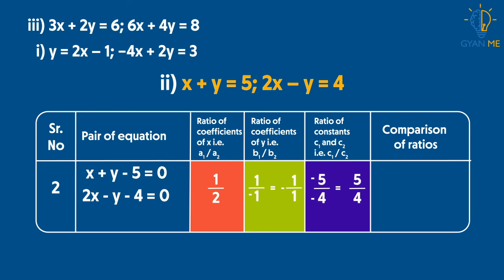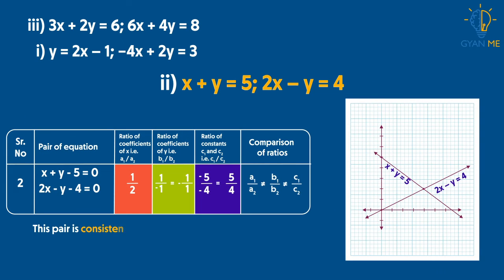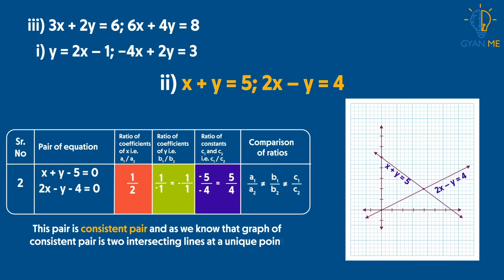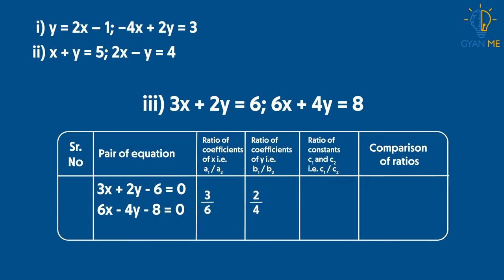Therefore, we find that a1 upon a2 is not equal to b1 upon b2 is also not equal to c1 upon c2. Thus, this pair is a consistent pair, and as we know, the graph of a consistent pair is two intersecting lines at a unique point. Students, you can try the third example by yourself in the same manner.